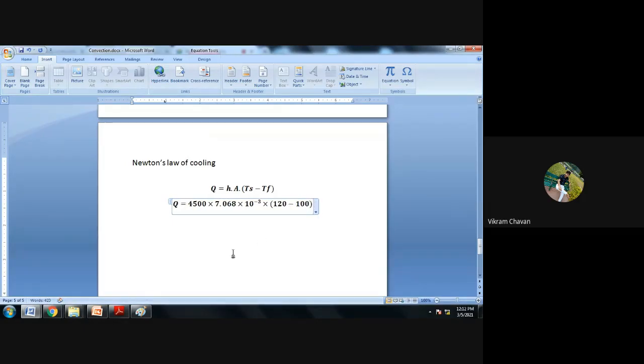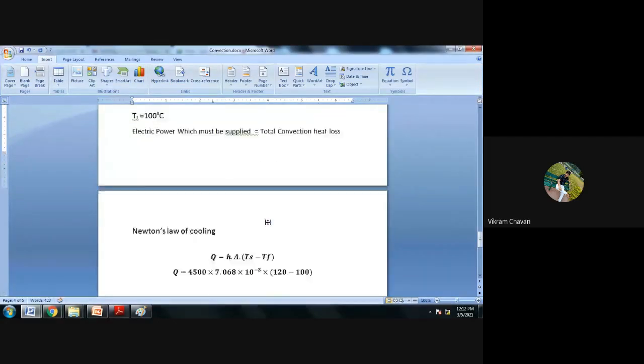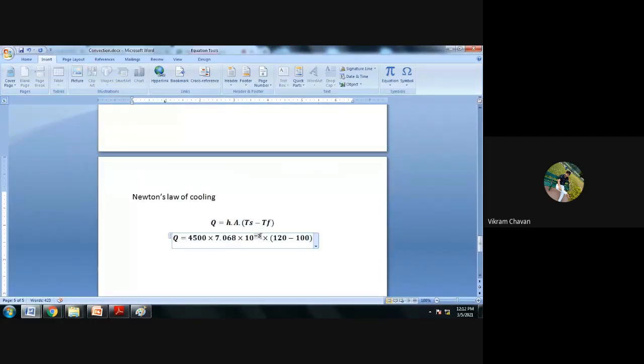So tell me Q now. Calculate this and tell me the Q value. Please check whether this is 7.068 multiplied by 10 raised to minus 3 or minus 4. Right, it is minus 4, so it will be less.